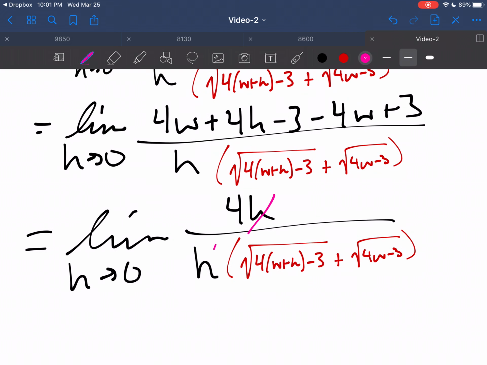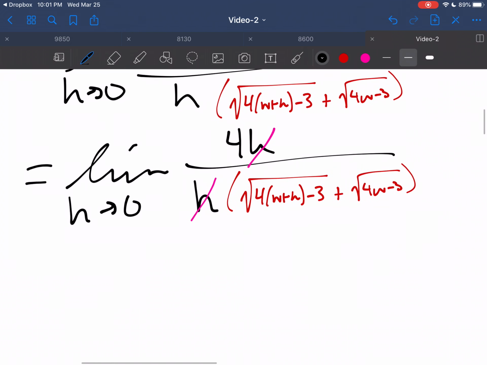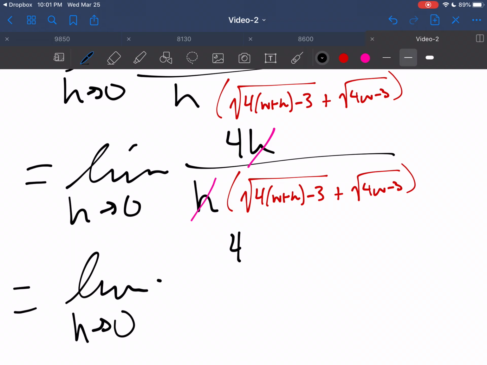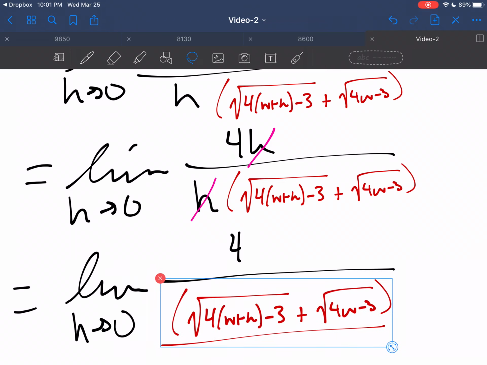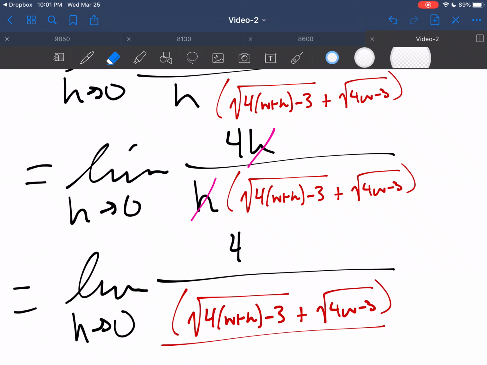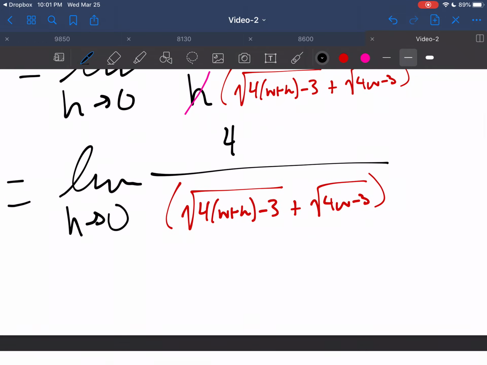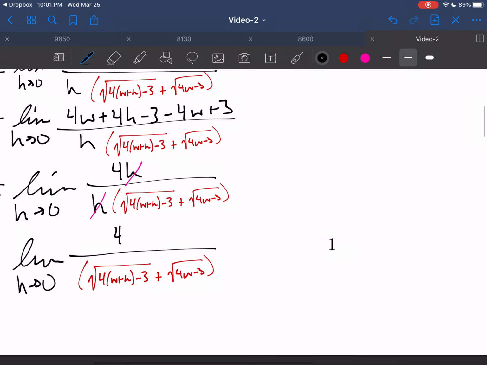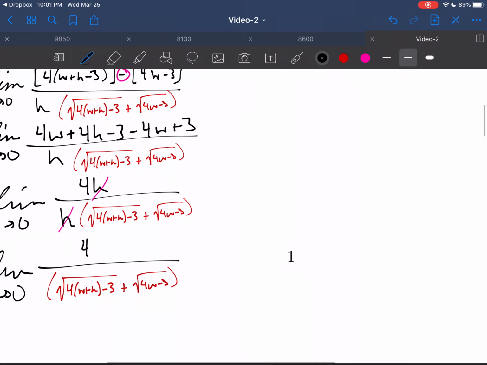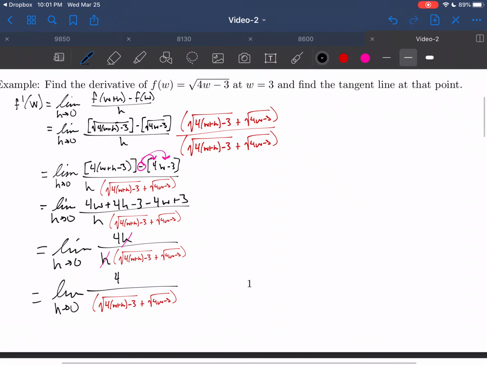So we can cancel the h's and get the limit as h approaches 0 of 4 over our conjugate, which we can then evaluate. So we'll plug 0 in to our function.